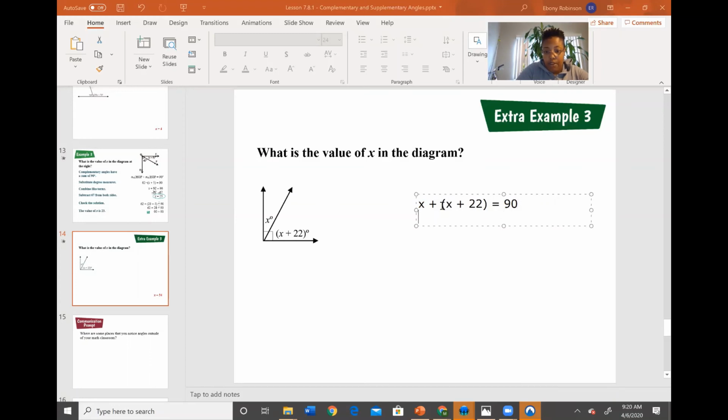I take care of my parentheses first. Do I have anything on the outside? No, I don't. So I now can just bring it out. x plus x plus 22 equals 90.